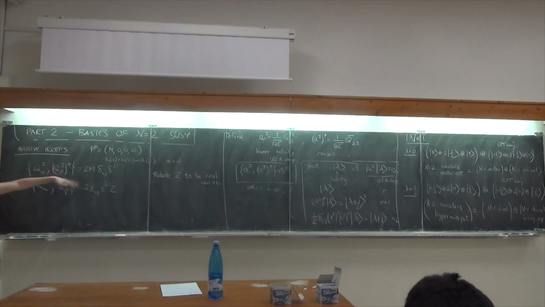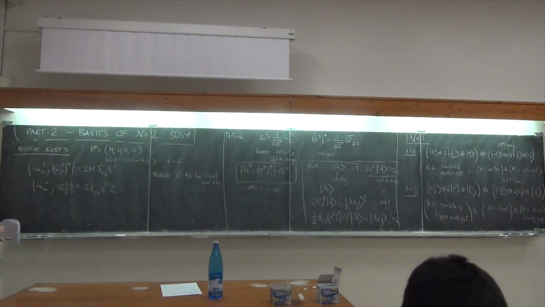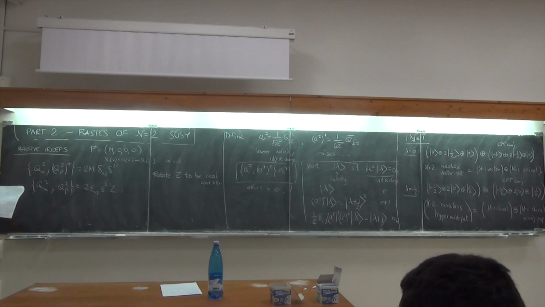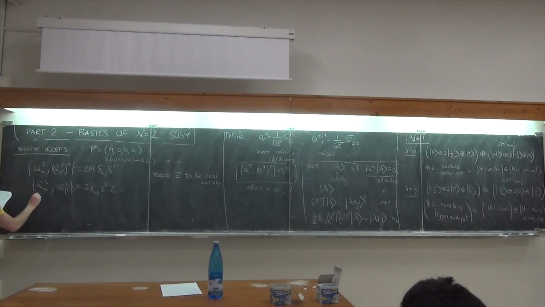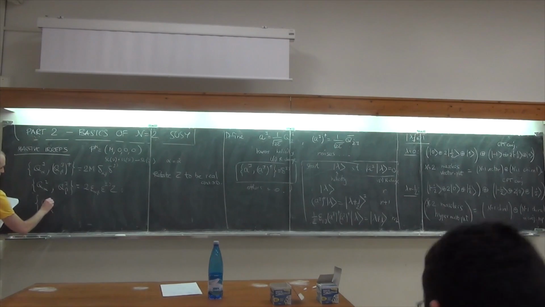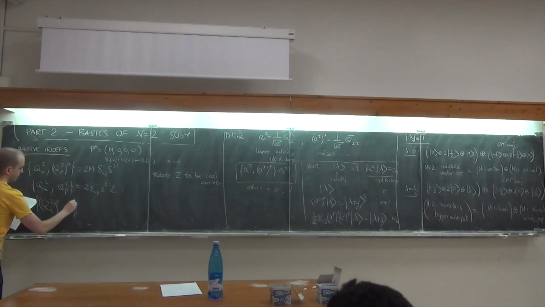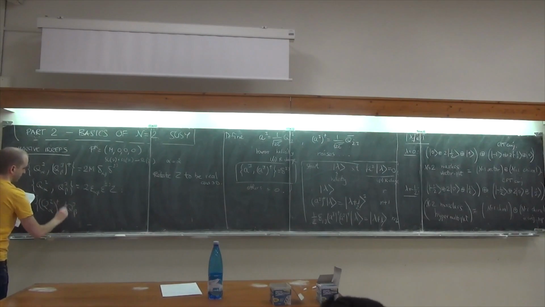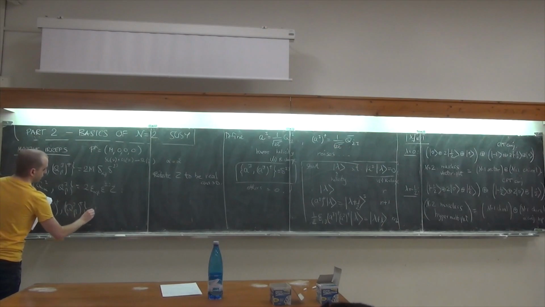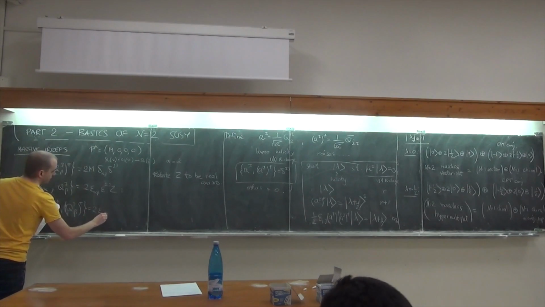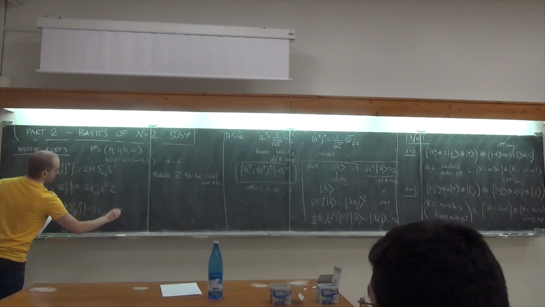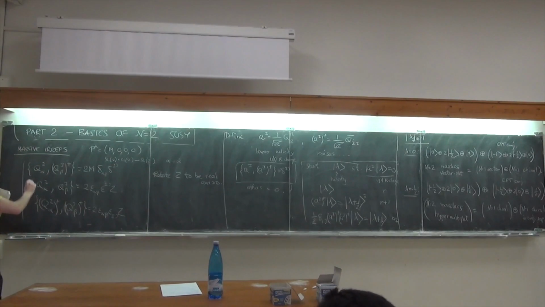You can repeat the whole analysis which follows without doing that if you wish, but let's do this for simplicity since we can. And then the complex conjugate relation gives the anticommutator equal to epsilon_alpha beta epsilon^IJ. Is there a question?